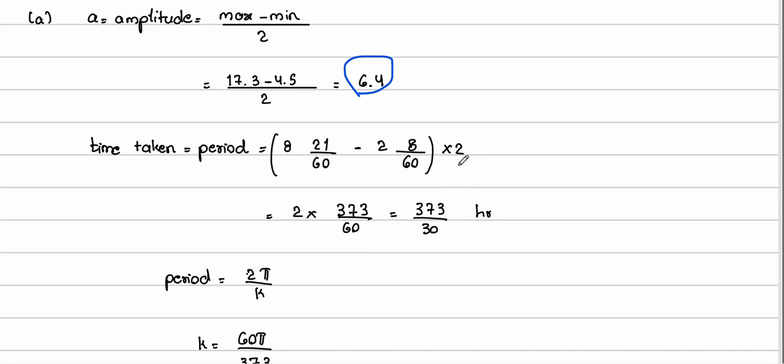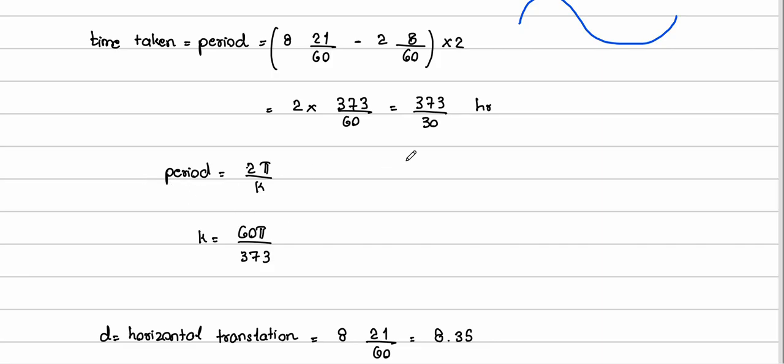The reason why I multiply with 2 is because we need a full cycle of the period. For example, let's say this is a sine, and this is going to be the full period of the sine function. So we need to multiply with 2. So this is going to be 373 over 30 hours.